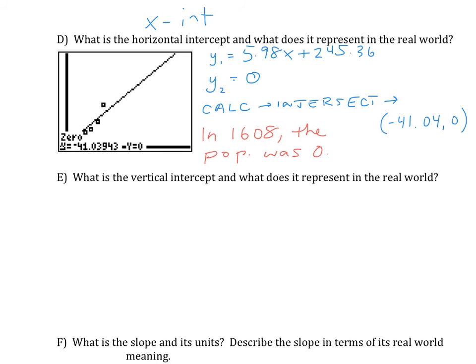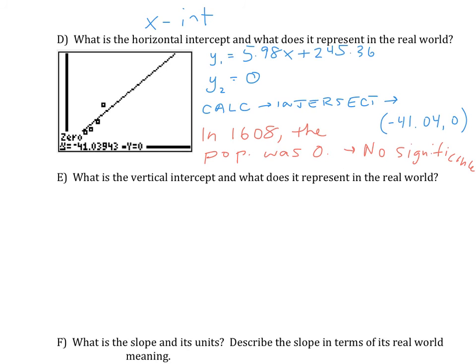Yeah, I think so, right? So, technically, there's really no significance here. Okay, remember, our line of best fit really represents data from the year 1650 on. Okay, so it doesn't necessarily represent the data before then.